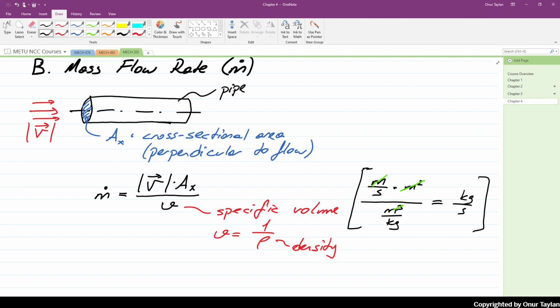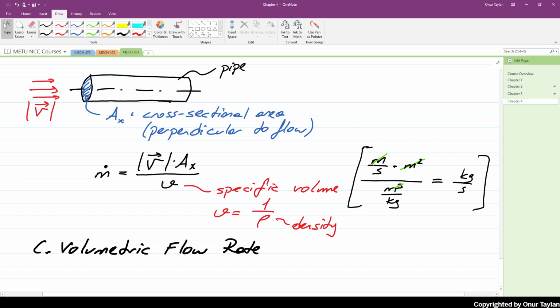But especially for liquids, instead of measuring the speed, they measure the volumetric flow rate. Sometimes you might hear that it consumes 10 liters per hour. Liters per hour and meter cubed per second are units for volumetric flow rate.